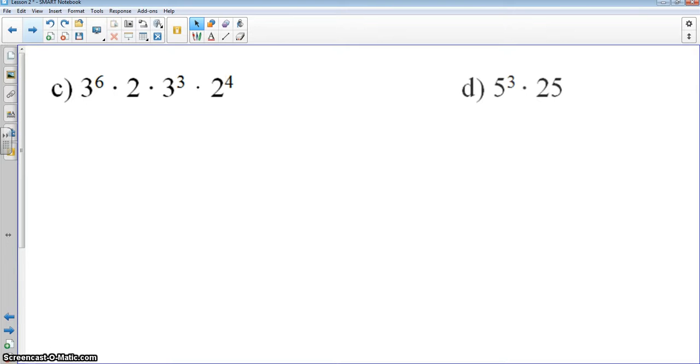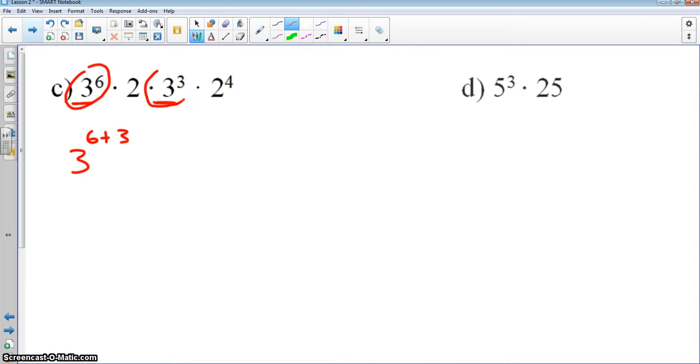All right. Now these ones, notice our rule said that you could only add exponents if they have the same base. So we want to look for numbers that have the same base. So the 3 and the 3, those have the same base, so we could add their exponents. So 3 to the 6 plus 3. Now the 2s are the same base, so we could add those exponents using the 2.